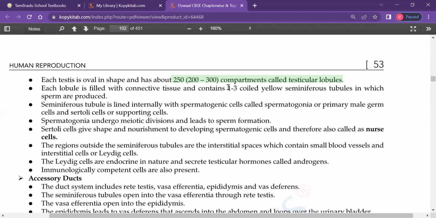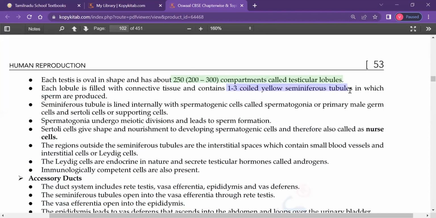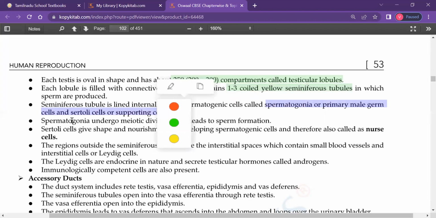Okay. Then the seminiferous tubule is lined with spermatogenic cells called spermatogonia or primary cells and Sertoli cells or supporting cells.